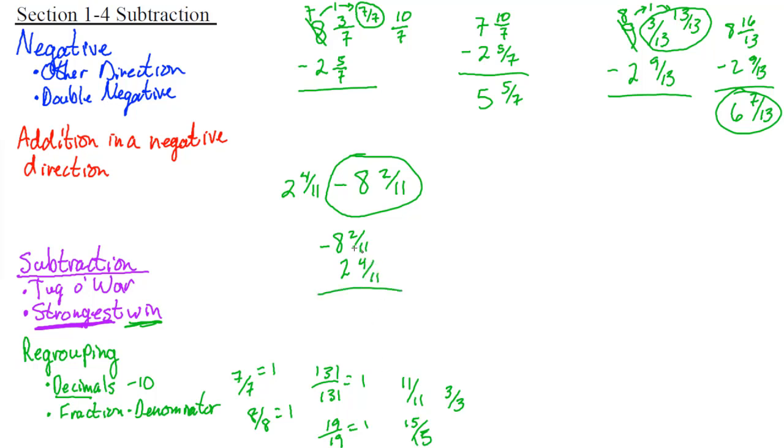There we go. 2 minus 4, nope, we can't. That's too small, so we're going to take that away. It goes down to a 7. And then over here, that's 11/11 that we're putting over here. So that makes a 13/11 here. So I won't rewrite that, but 13 minus 4, we can scribble those guys out now. 13 minus 4 is 9/11, and 7 minus 2 is 5. And the strongest one wins, is negative.